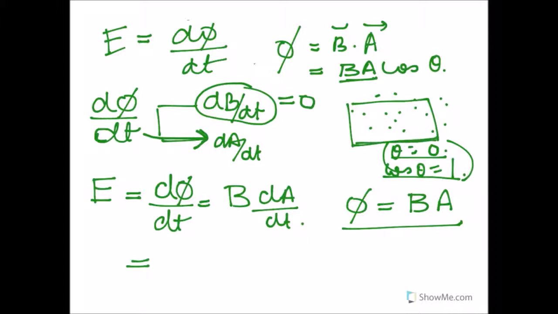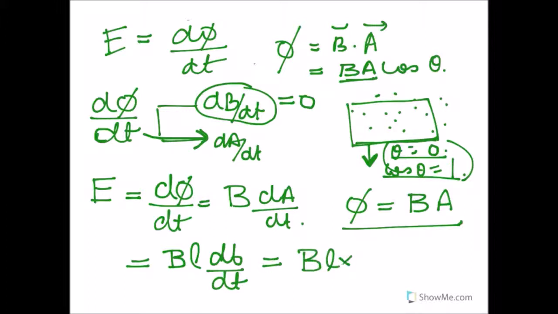Now since this coil is being pulled out in this direction, as we have seen in the previous page, the length remains constant, so we can take the length outside and write dB dt. So this becomes equal to BL into velocity, that is the rate of change of breadth, which is nothing but the velocity.